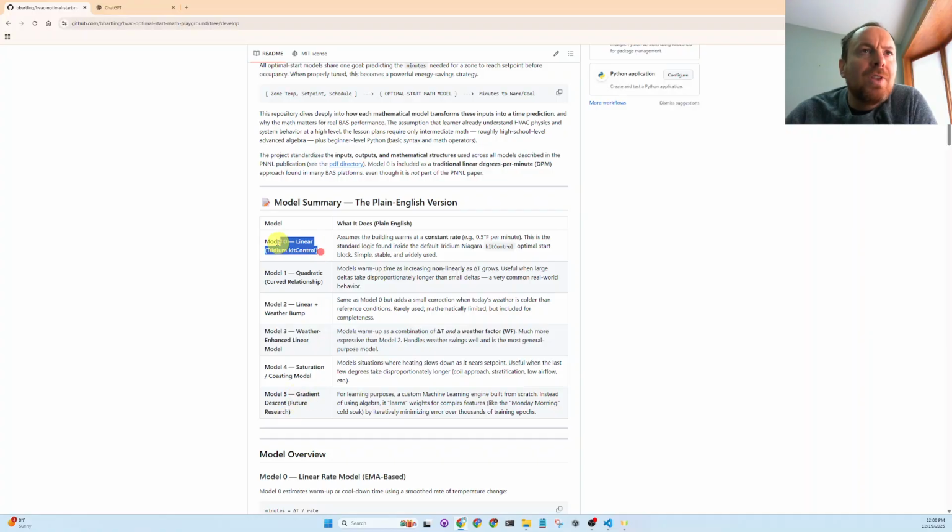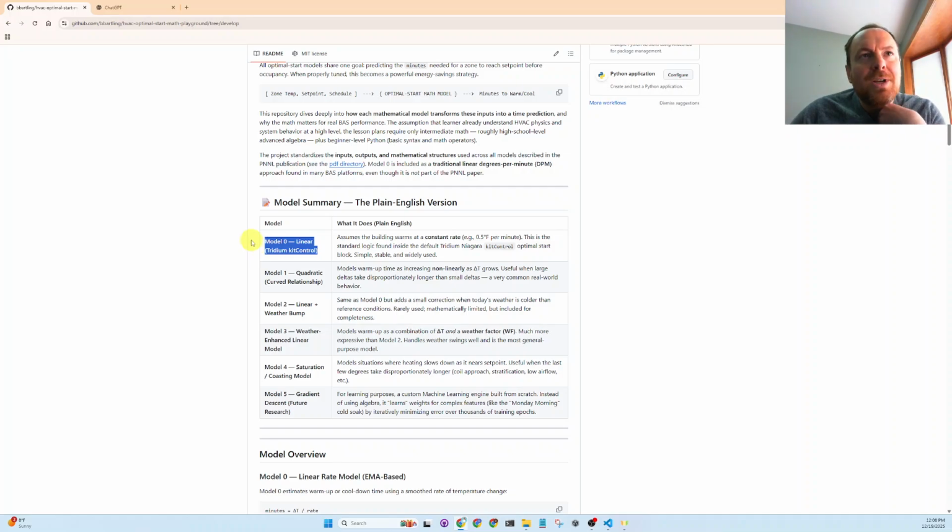Also, this one and this one are not part of the PNNL paper that this is based off of. But since we covered this one, I have learned a bunch. Going to model 2, I find that it is really similar to this. It's model 0 with a little bit more of a twist to it.